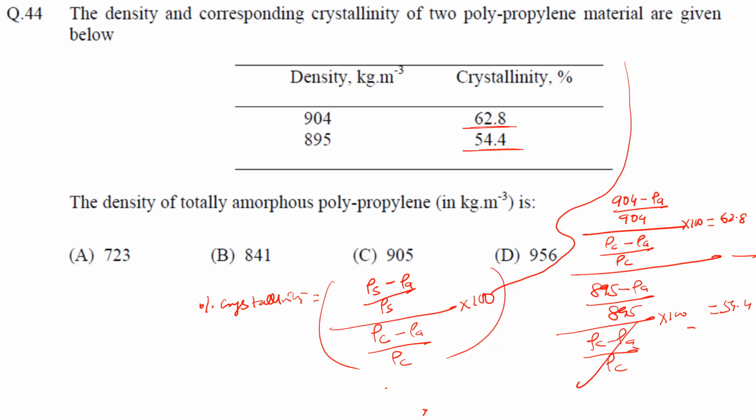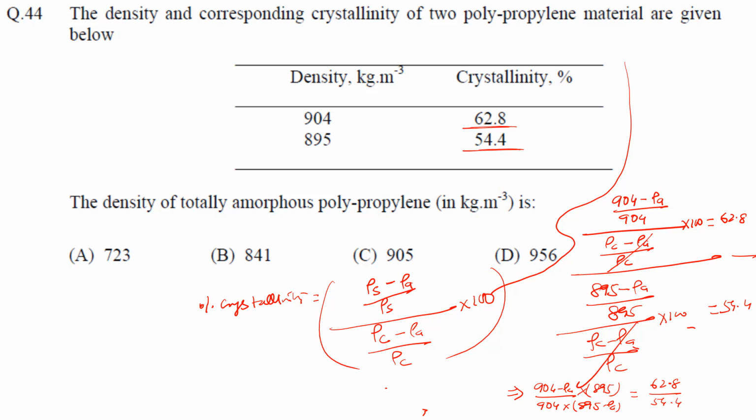And when you divide, the equation will transform such that 904 minus rho A by 904 into 895 minus rho A by 895 is equal to 62.8 by 54.4.